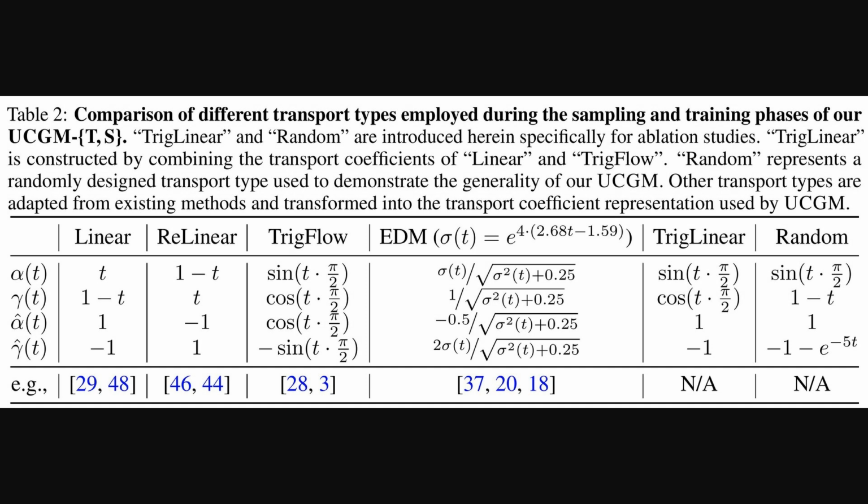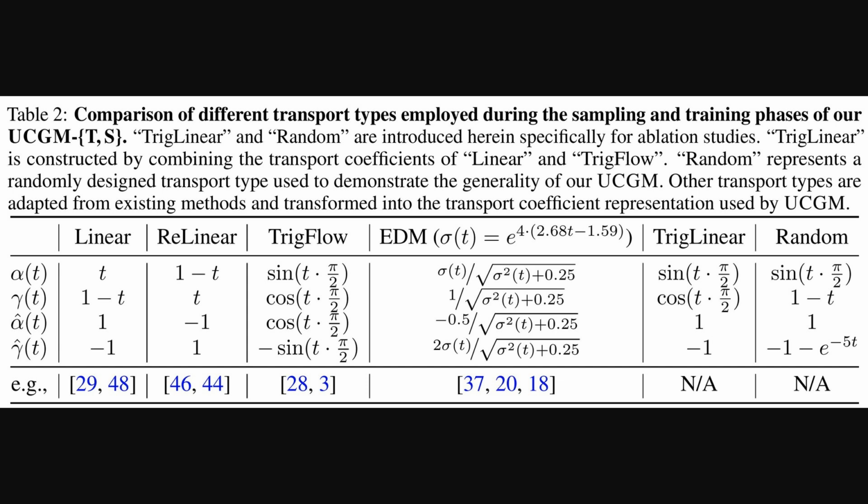Okay, so building on that idea of unified transport coefficients, Table 2 here gives us a closer look at how different ways of transforming data, or different transport types as the paper calls them, are handled within the UCGM trainer and sampler. We see columns for linear, relinear, trig flow, and EDM, which are adapted from existing methods, alongside new ones like trig linear and random for testing.